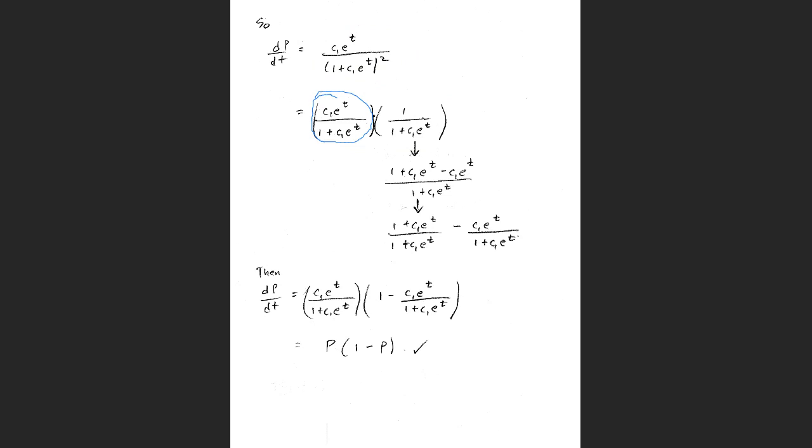What's C1 e to the t over 1 plus C1 e to the t? What's that equal to? That's P. So all that's left to show is that this here equals 1 minus P.